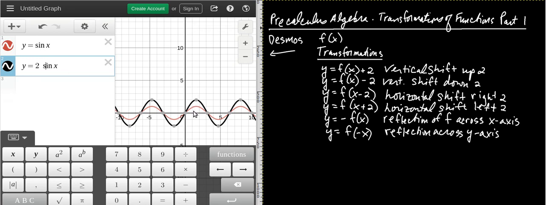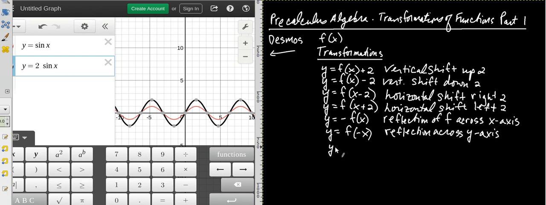Well, you can clearly see that if the red graph was made of wire, we've stretched it vertically. We stretched it up and we stretched it down. It's like somebody pulled up and down on that original function. And that's exactly what we say: we had a vertical stretch. So when you have y equals 2 times f of x, what you have is a vertical stretch.